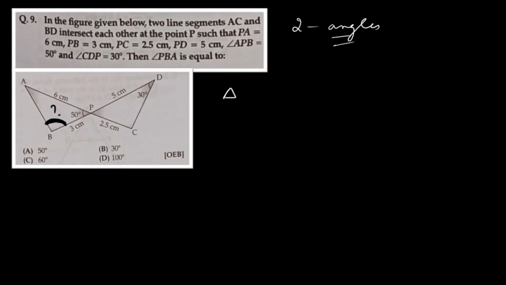So if we see triangle PDC, this is the triangle. I'll say this one is the second triangle and this one is the first triangle.